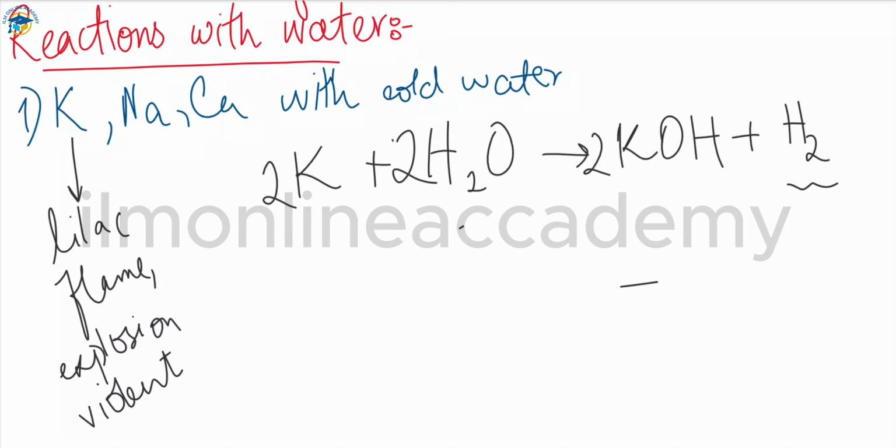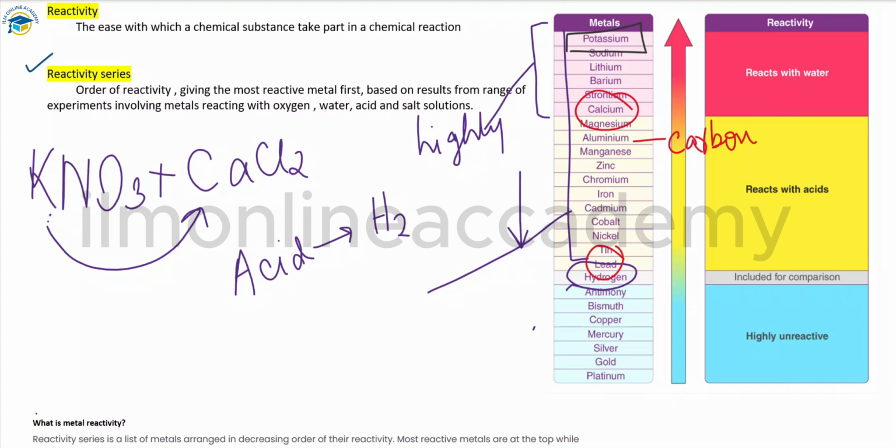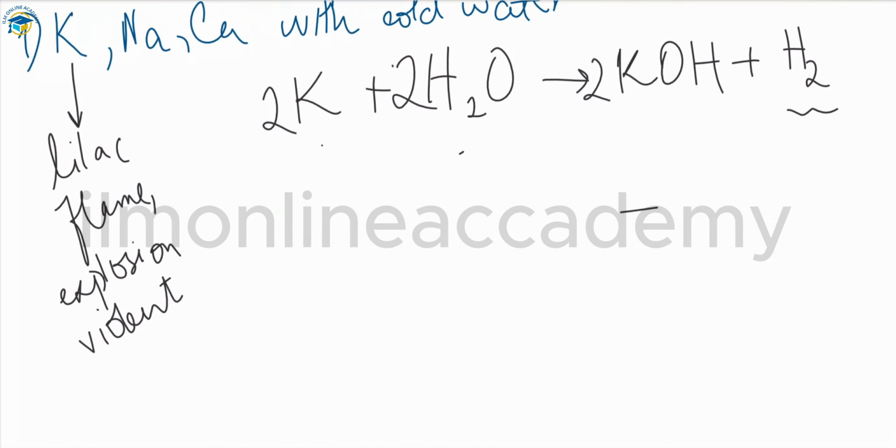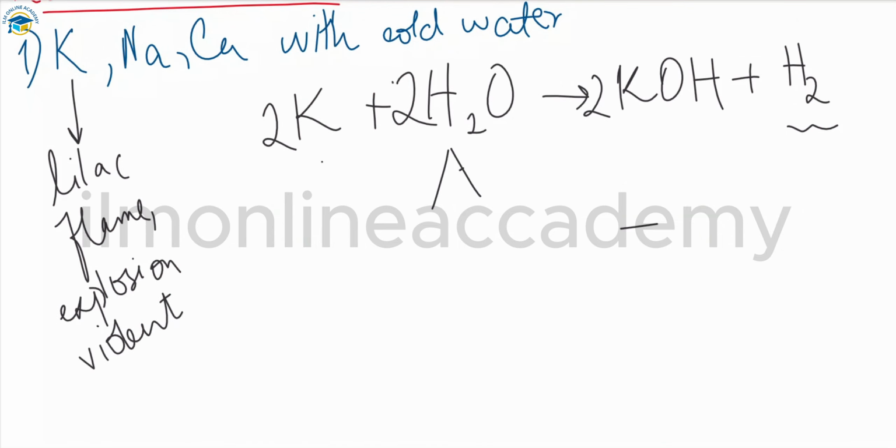As potassium is highly reactive, you can see here potassium is present above hydrogen, right? So potassium is more reactive than hydrogen. Potassium can easily replace the hydrogen in any compound, in any solution, in any salt. Water contains two types of ions: hydrogen ions and hydroxide ions.